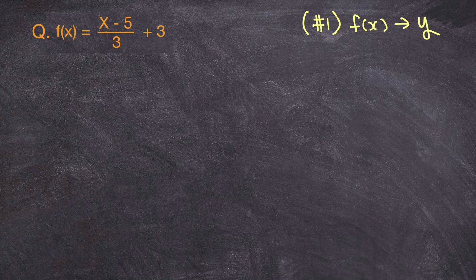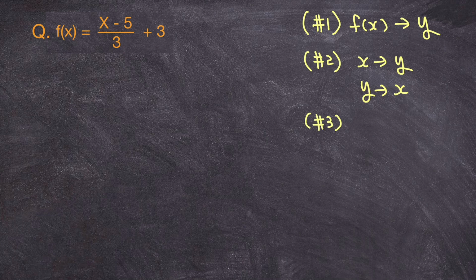So you replace f of x with y, and then second step is you change x to y and you change y to x. So you're switching x and y basically. And the third step is to solve for y.